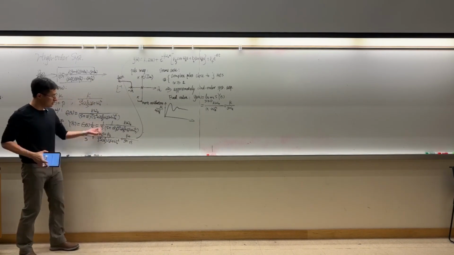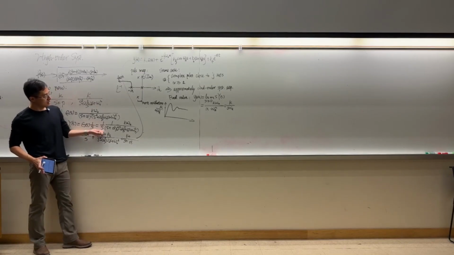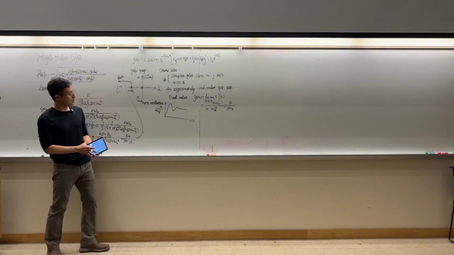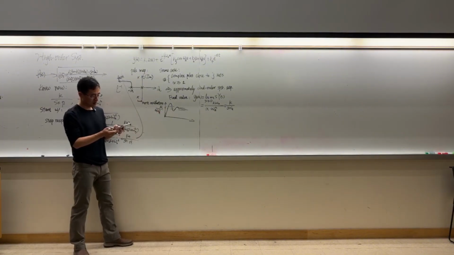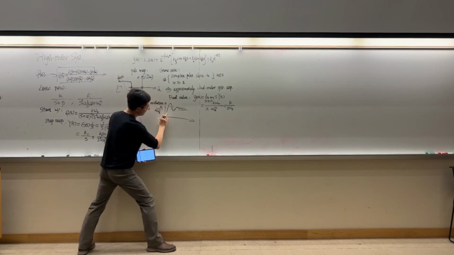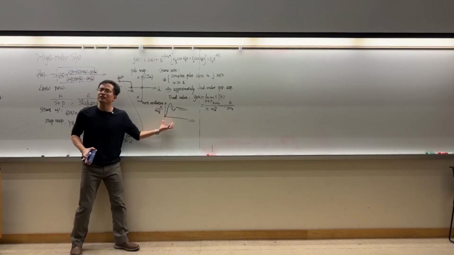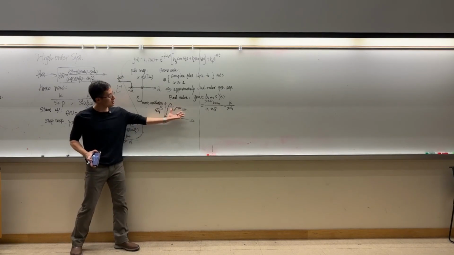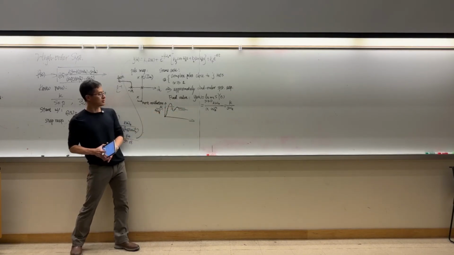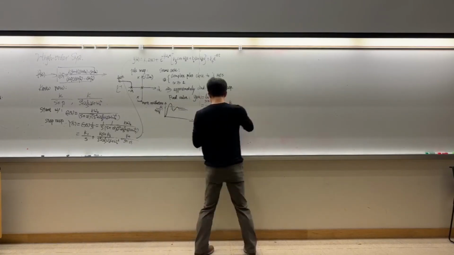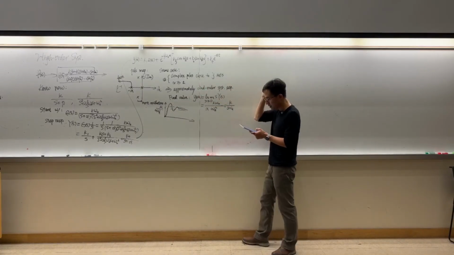Let me check the initial value quickly, with s going to infinity. Yeah, the initial value is still 0. So try to draw, it would be something like this. Initially slightly different from the pure second order oscillation, but very quickly it looks very much like a second order response. So that's the extreme case when alpha is very, very large.